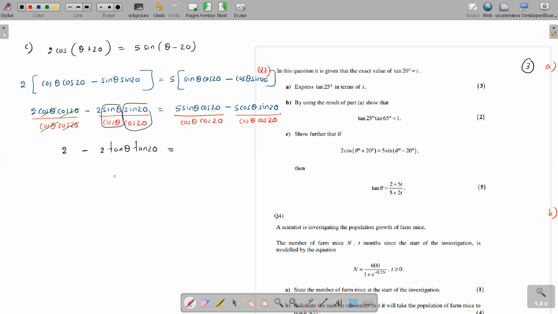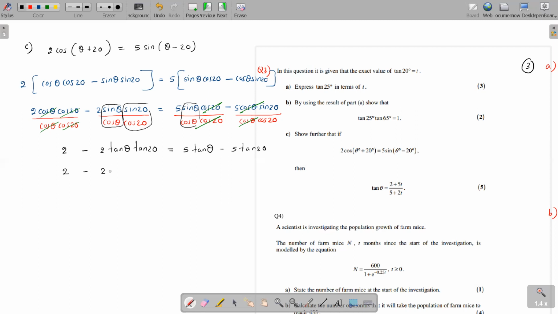On the other side we have 5 sin theta over cos theta, which gives tan theta, cos 20 cancels out, and minus 5 cos theta cancels out, and you get 5 sin 20 over cos 20, which is tan 20. Can you see how it became so simple? Suddenly it became a lot easier for us to handle.